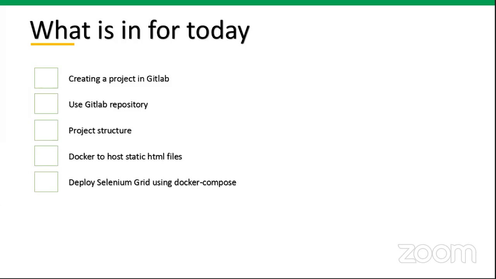In this case, we are just going to deploy some static HTML files, which will serve as a dummy application. Then we can see how we can use the Docker Compose feature, which is a kind of orchestration tool for Docker, to deploy multiple services. In our case, we will be deploying our dummy application and the Selenium grid with the help of Docker Compose. I hope that is clear.